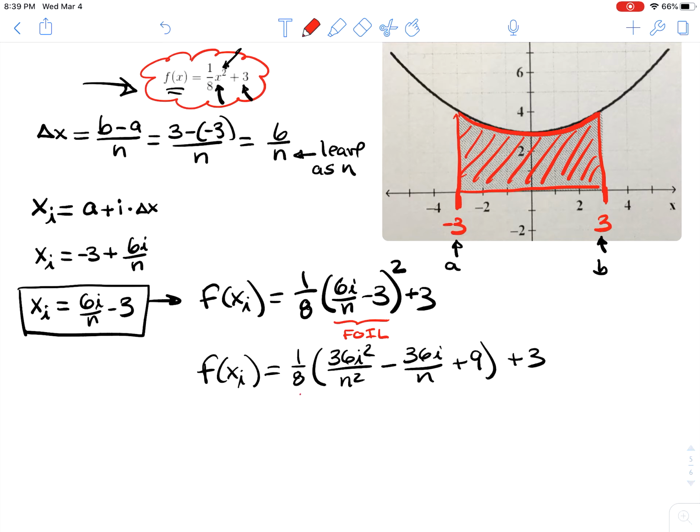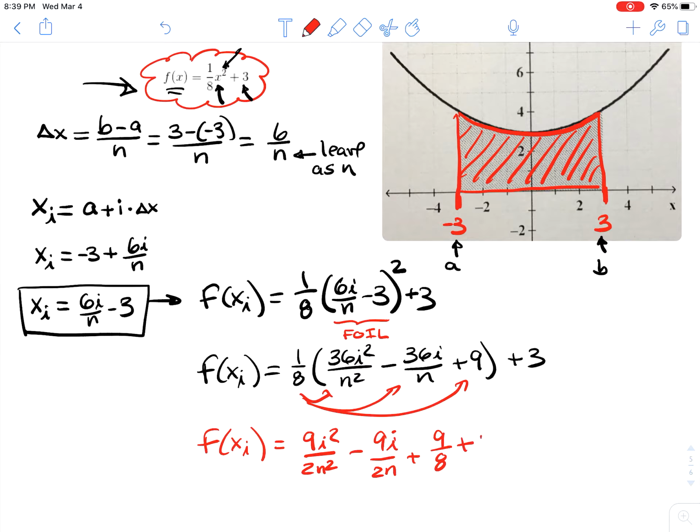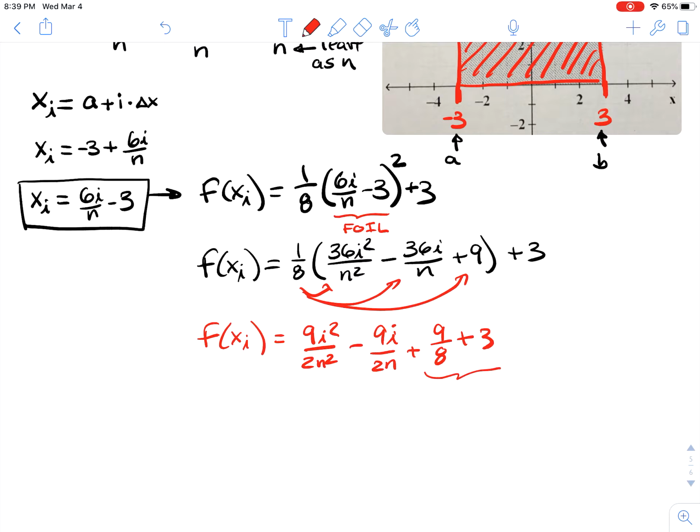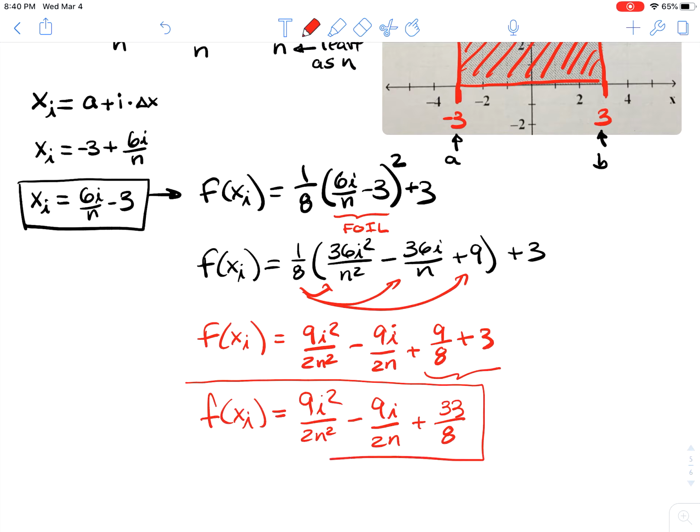And next I'm going to distribute this 1/8 through here. And since these are both constants, let's combine them. And that is our function f of x sub i.